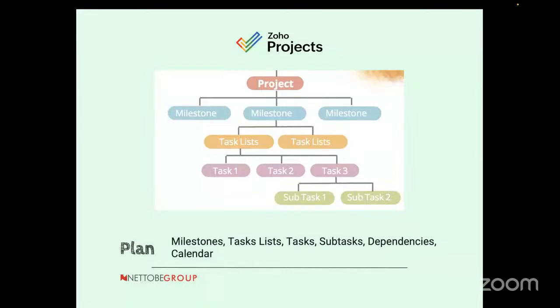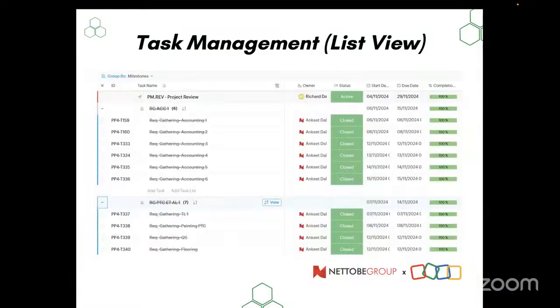You can do them directly on the task list, or on the Gantt chart, you can just drag and drop to carry out the dependencies, depending on the type of dependencies that you want to display.